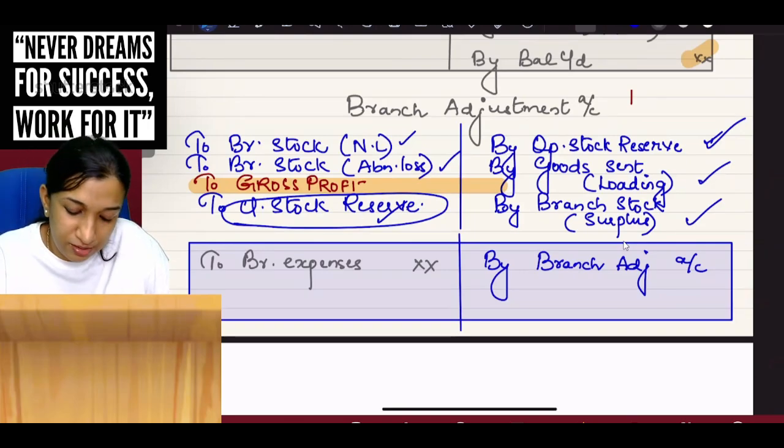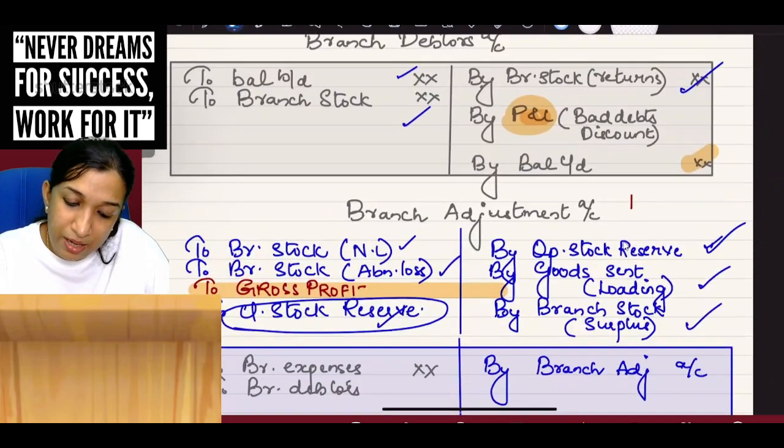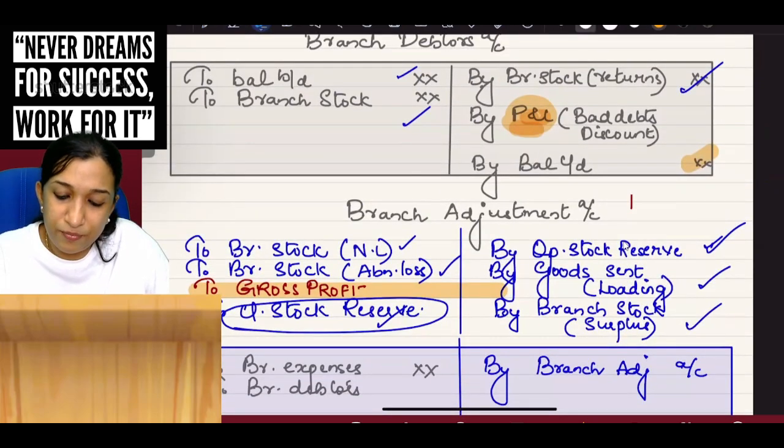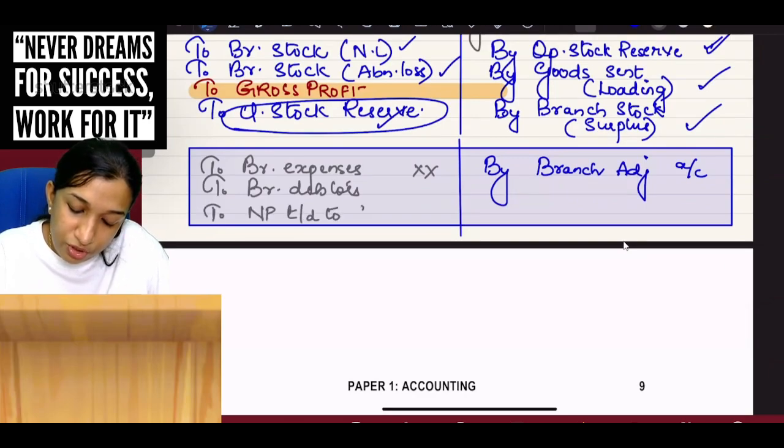P&L to branch expense, to branch debtors. In the debtors account we have passed by branch P&L, so branch debtors. Finally we'll get net profit to be transferred to the general P&L.